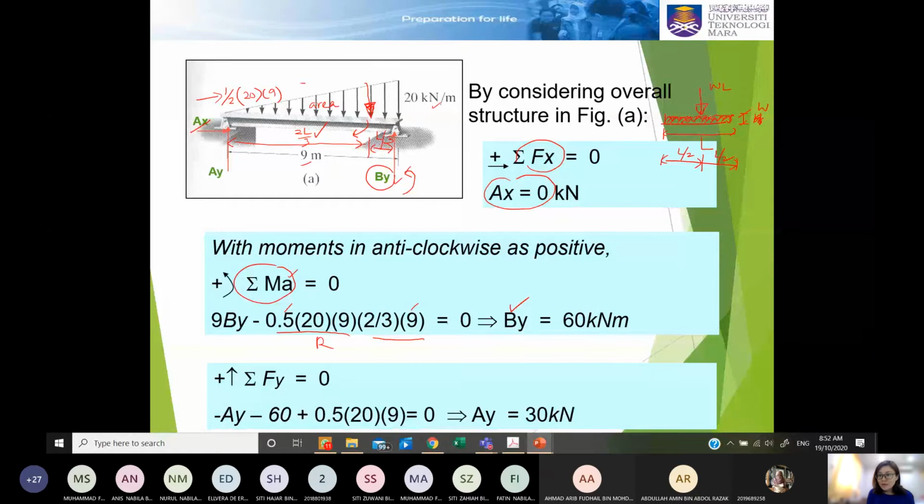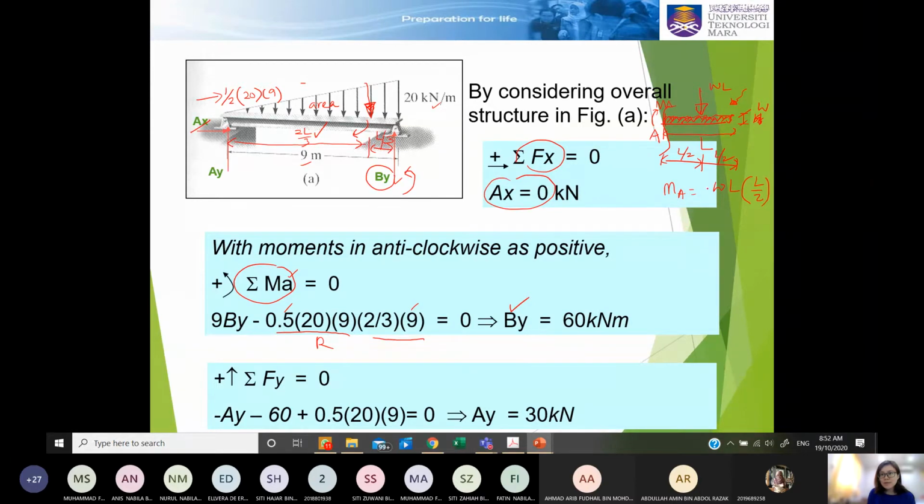Now for this rectangular, I would like to also explain how to take a moment, let's say at A. So moment A here will be equal to the resultant force WL multiplied by the distance to A, which is L over 2.